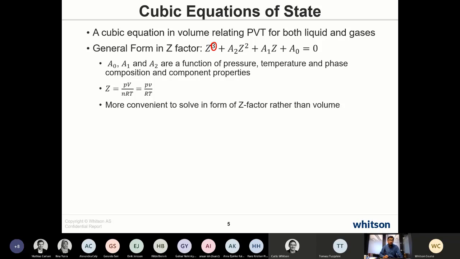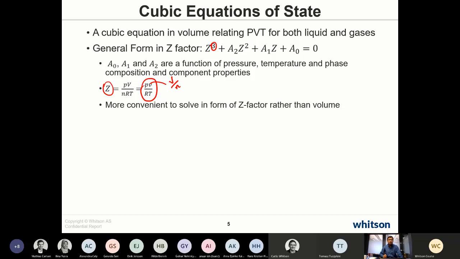The other important comment is that here you see the cubic equation of state model written in terms of the Z factor, but this can also be written in terms of the molar volume, where we know that the Z factor can be equated to the molar volume. So this V is actually the volume divided by the moles. That's the molar volume.